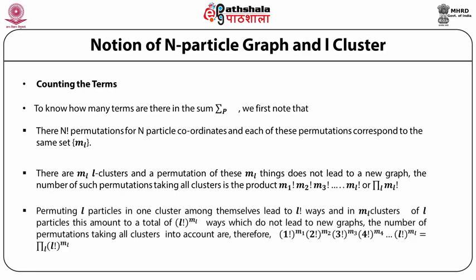Permuting all particles in one cluster among themselves leads to l factorial ways, and in m_l clusters of l particles, this amounts to a total of l factorial raised to power m_l ways, which do not lead to new graphs. The number of permutations taking all clusters into account are therefore 1 factorial raised to power m1, 2 factorial raised to power m2, 3 factorial raised to power m3, and so on up to l factorial raised to power m_l, which is nothing but a product over l of l factorial raised to power m_l.